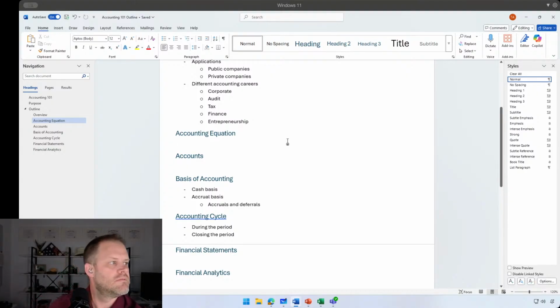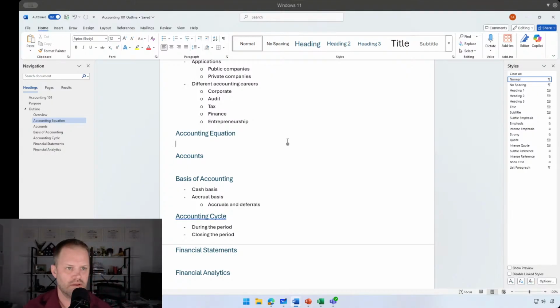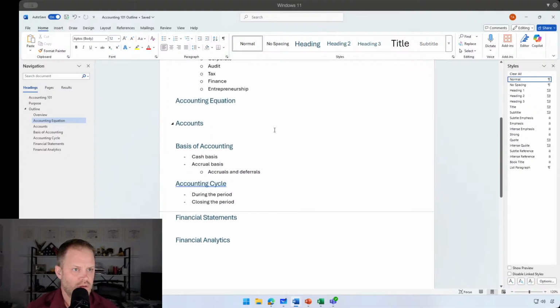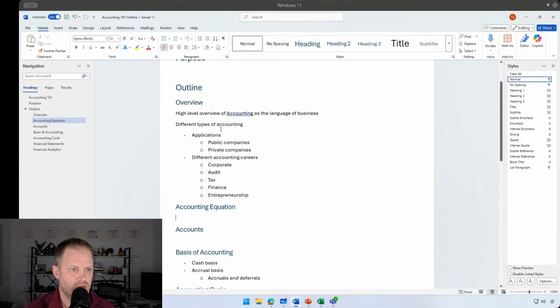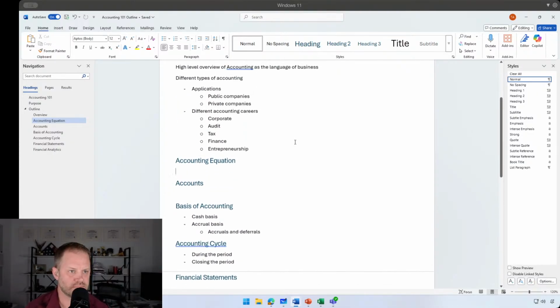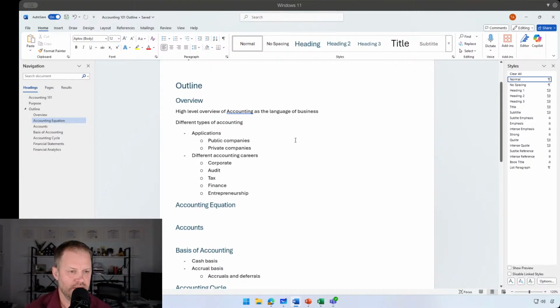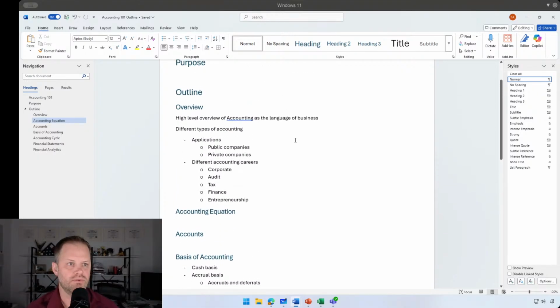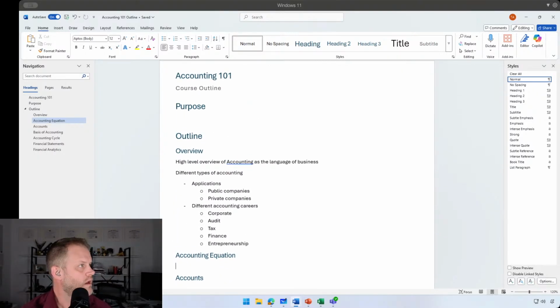For this, the next thing I want to do is work with Grok or ChatGPT real quick to get feedback on whether I'm missing anything.